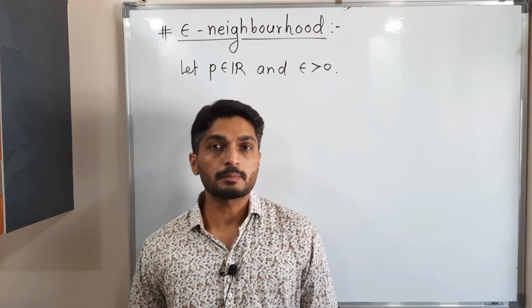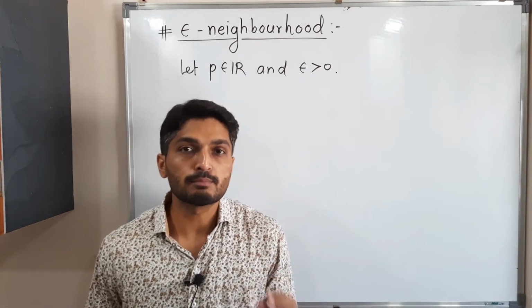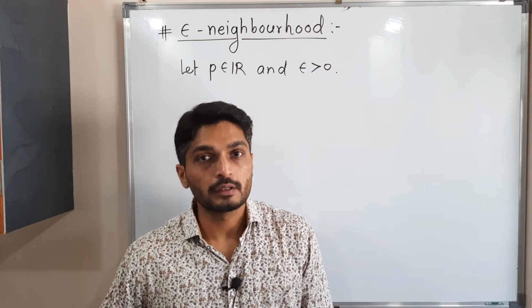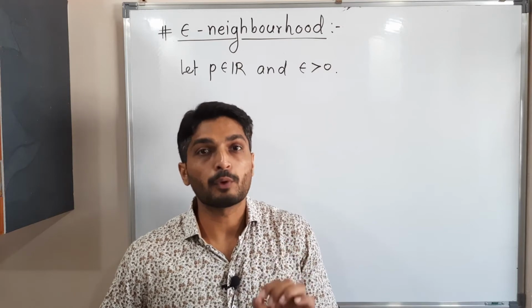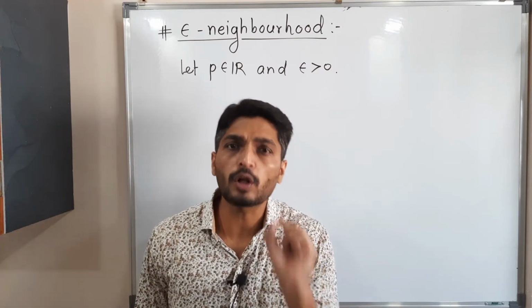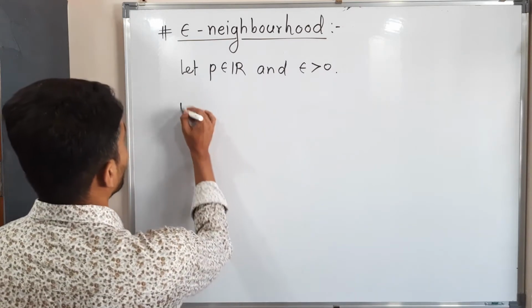The next concept is epsilon neighborhood. Epsilon means a very small positive real number. For the epsilon neighborhood of any point, we need to have one point. I have taken P here, and epsilon is any very small positive real number. Then the epsilon neighborhood is defined in this way.